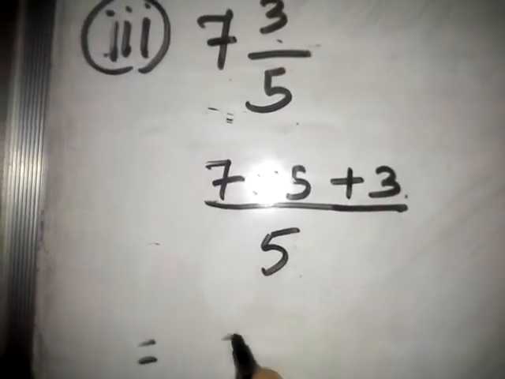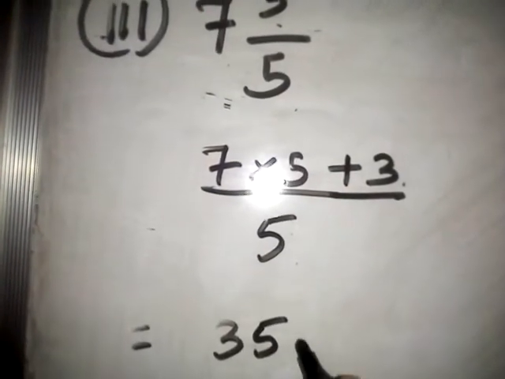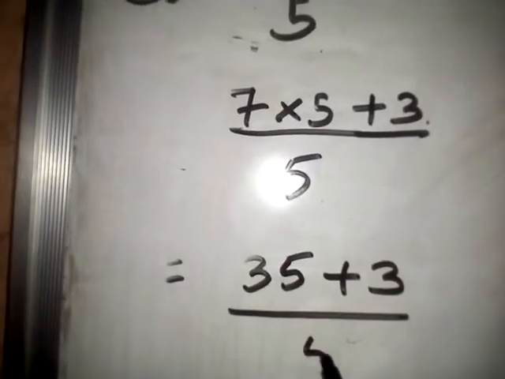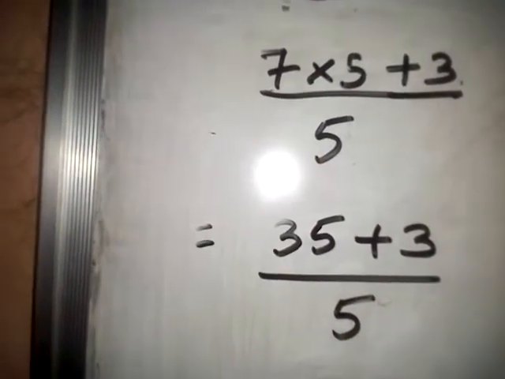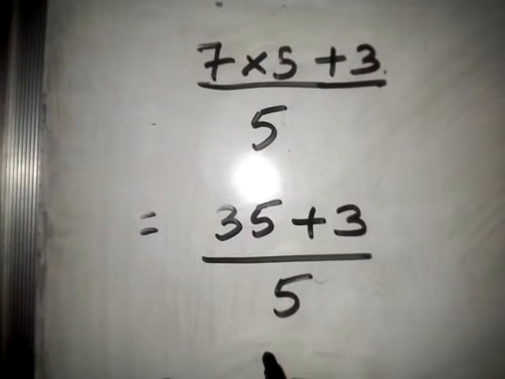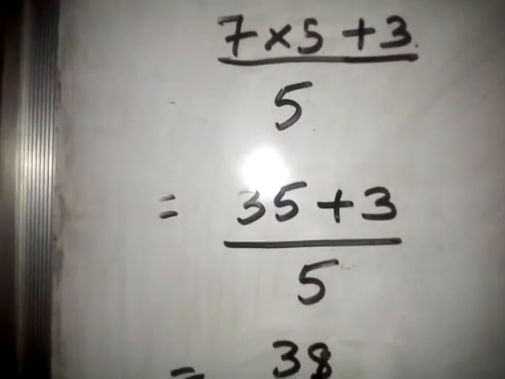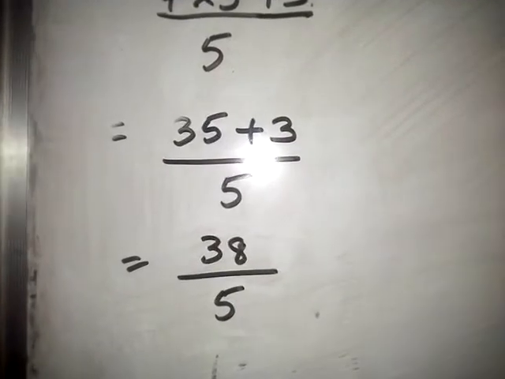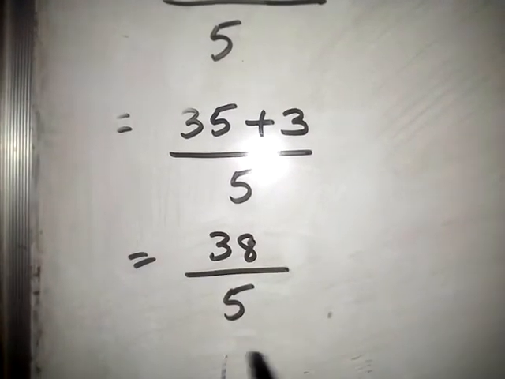7 5s are 35, plus 3, upon 5. 35 plus 3, 38 upon 5. Now you have to divide this number, 38 by 5.